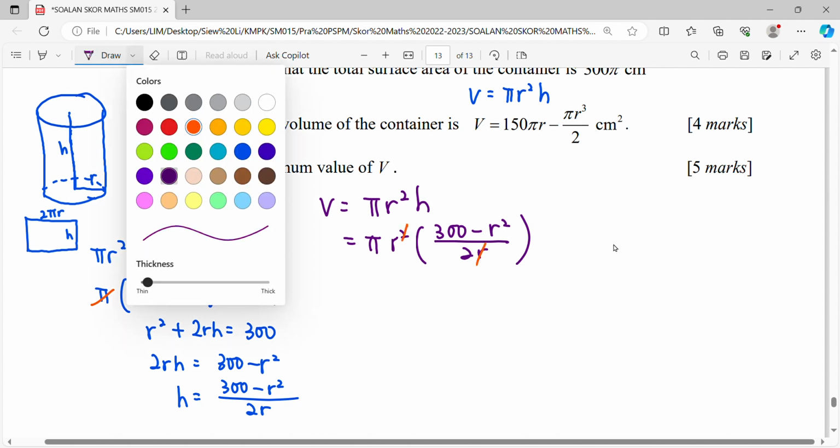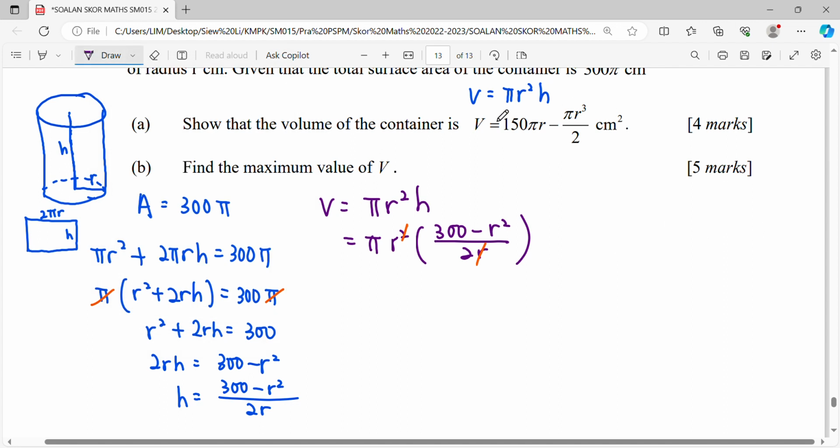Then we expand until this form. So pi times 300 divided by 2, so 150 pi r. Then pi r times r square will be pi r cubed divided by 2. Shown.